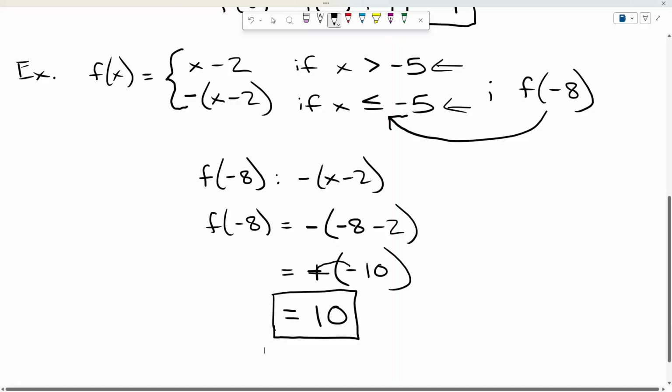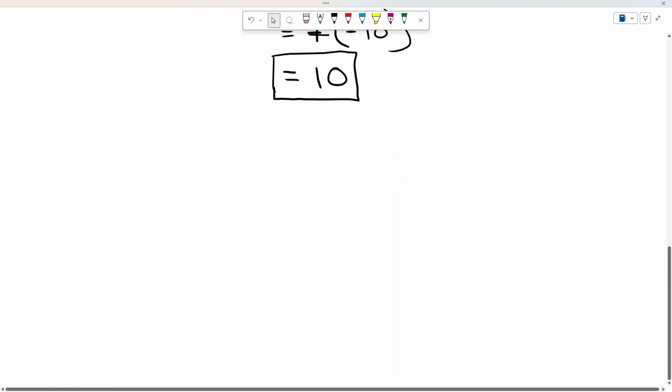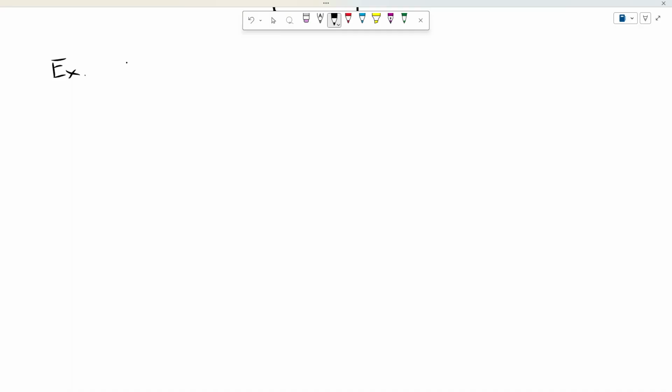And let's try one more. We'll do this one with 3 equations. So this piecewise says f of x is equal to x plus 7, and that is if x is less than 3.